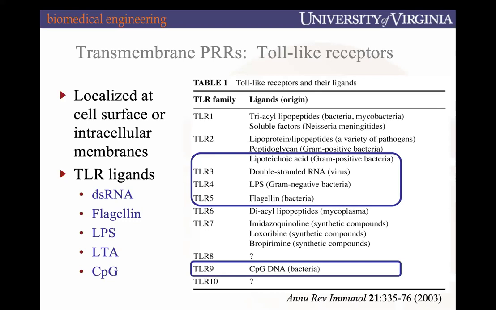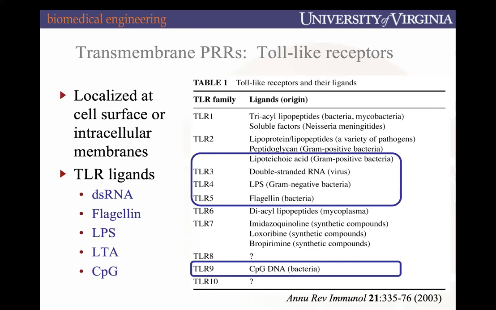We have flagellin. That's, again, only available on bacteria. LPS, which is another name for endotoxin, lipopolysaccharide. That's going to be found on the surface of gram-negative bacteria. Gram-positive bacteria have lipoteichoic acid. So we have both classes of bacteria there, as well as unique CpG islands.